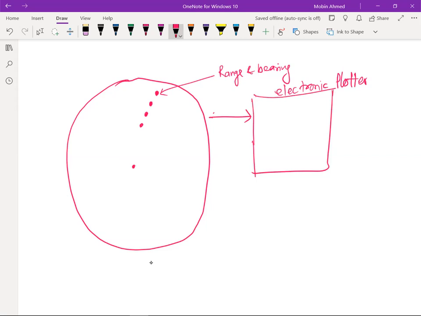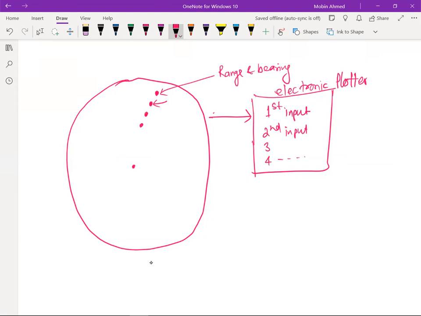So we are going to give the information of this one. So there the first input has come of a target. Now again when it is changed next, we are going to give the second input. So likewise we can give 3 or 4 inputs.